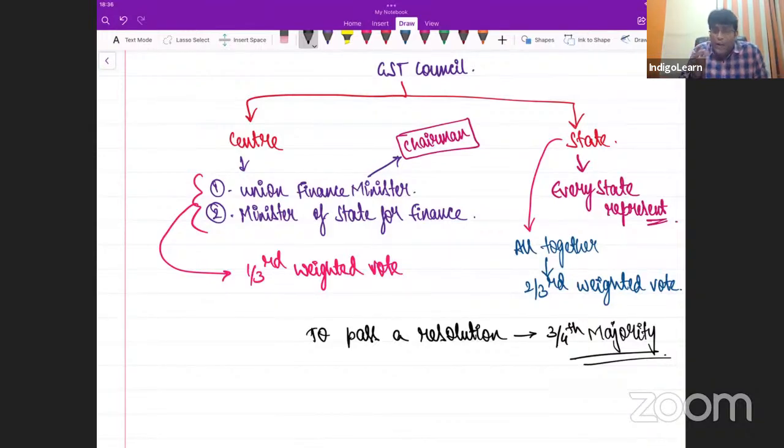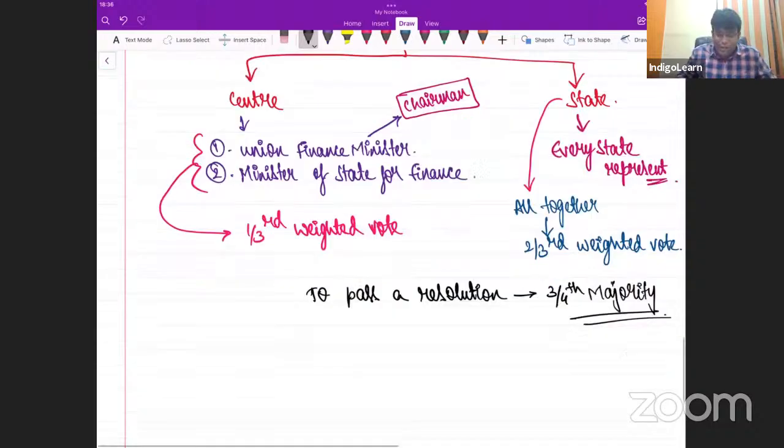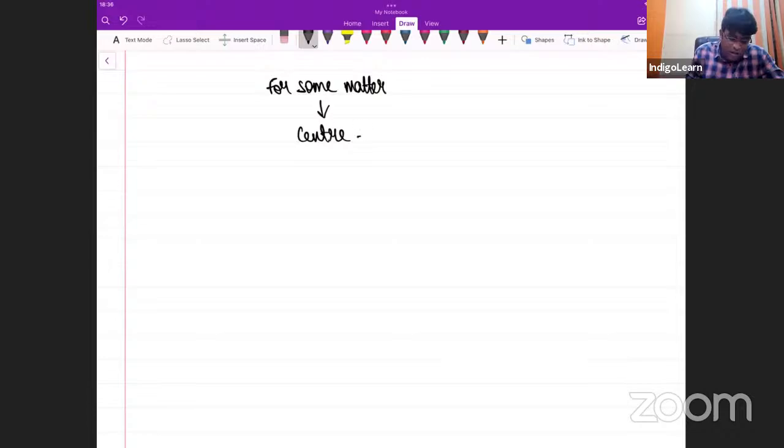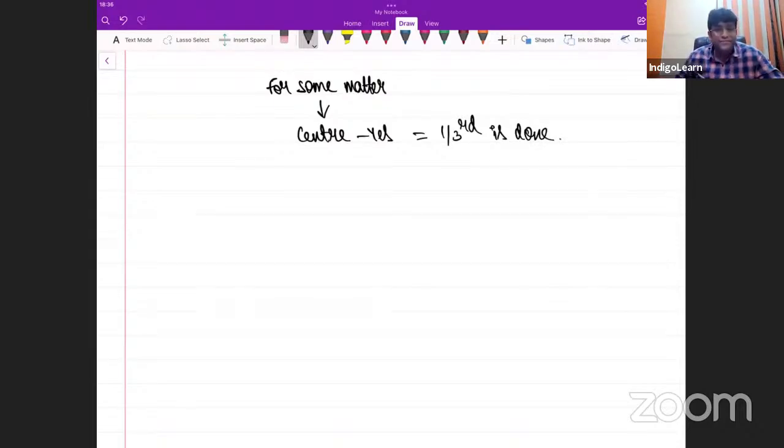In law, you would have heard of the term special resolution, 75% majority. So let's take an example. Let's say for some matter, the center said yes. That means 1/3 is done, correct?